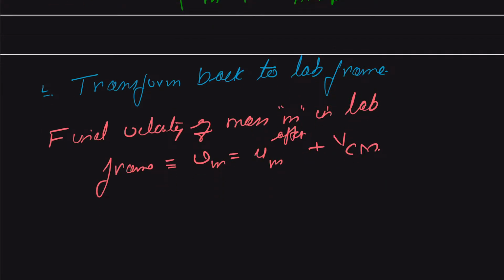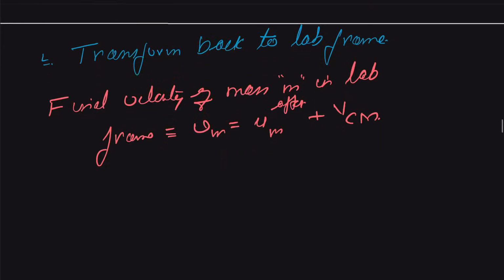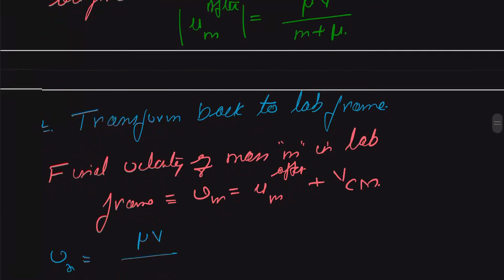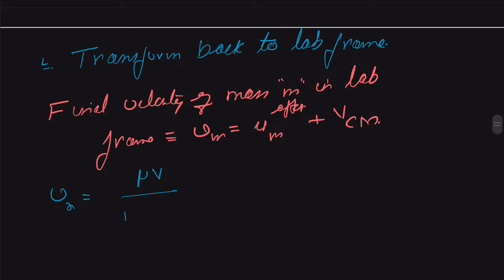Okay. And from here we can find out its x component as well as its y component. Therefore we can say that its x component will be equal to mu times v upon m plus mu, cos of theta, plus the velocity of the center of mass, that is m v upon m plus mu.